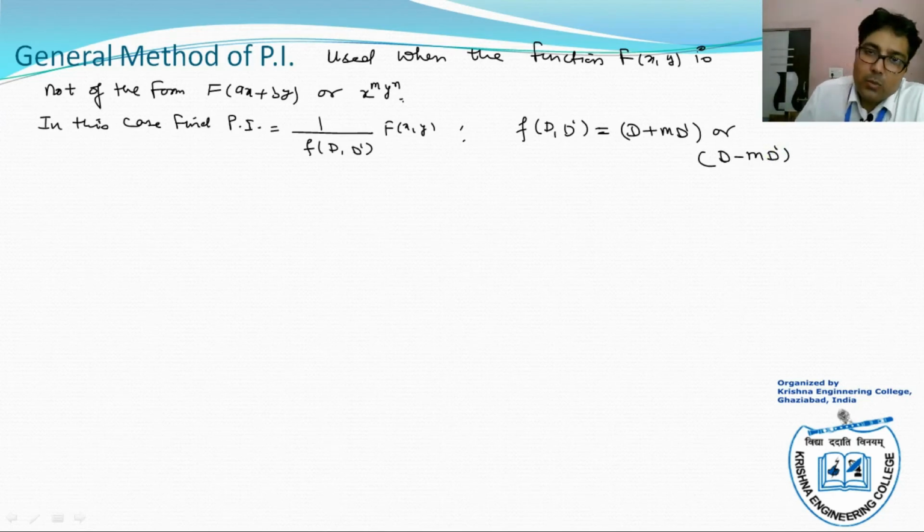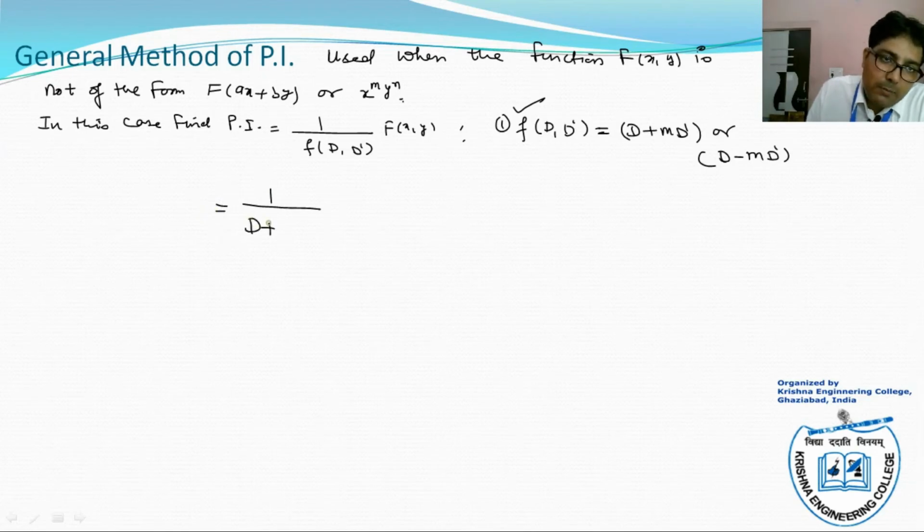Clear? So now we take the first form: 1 upon D plus mD dash of f(x, y).